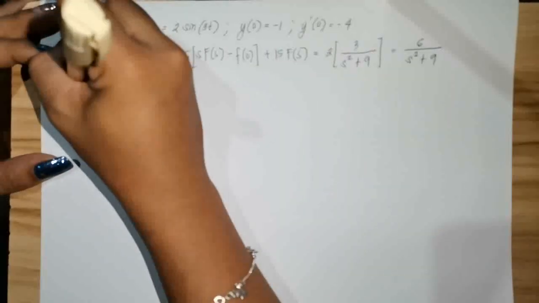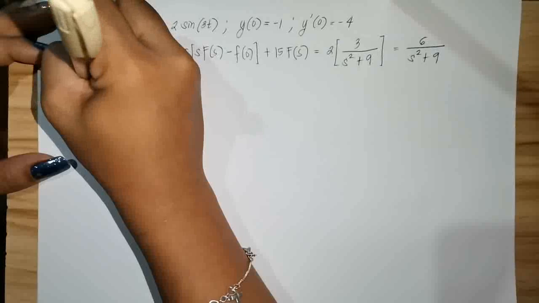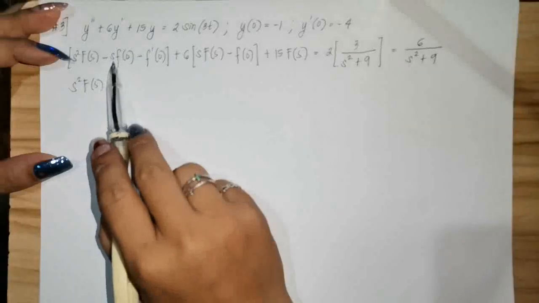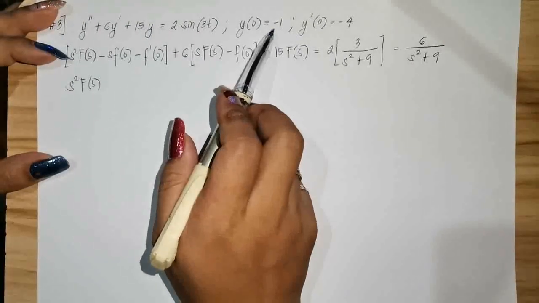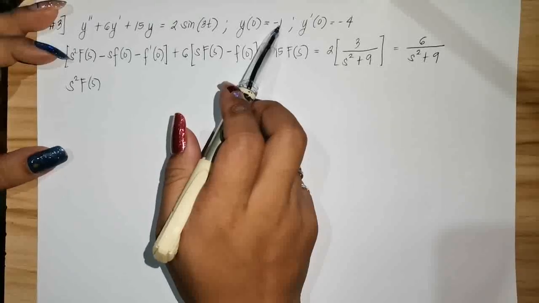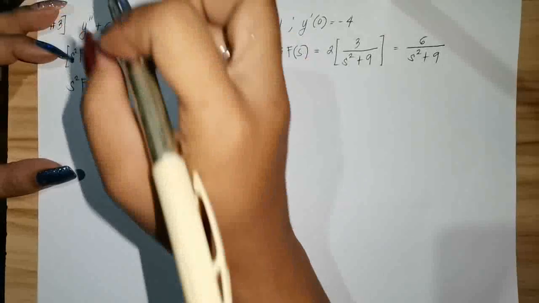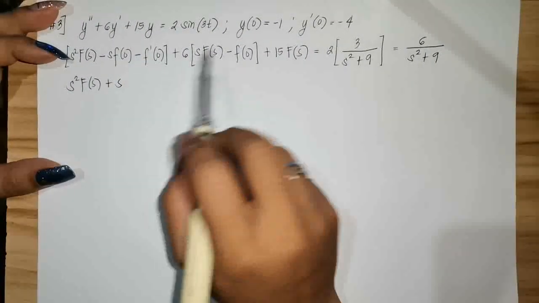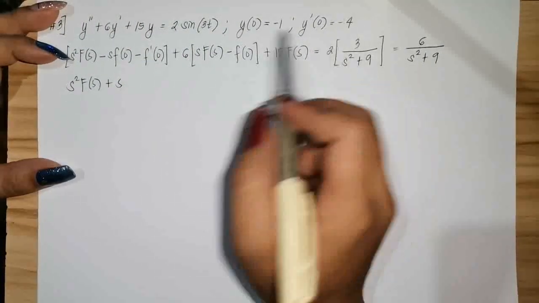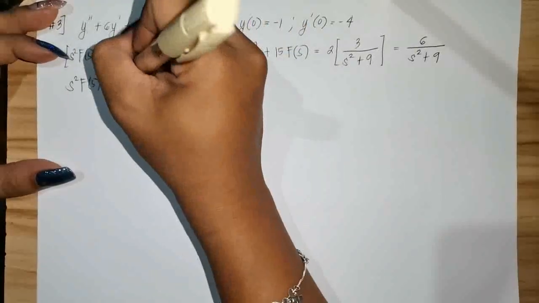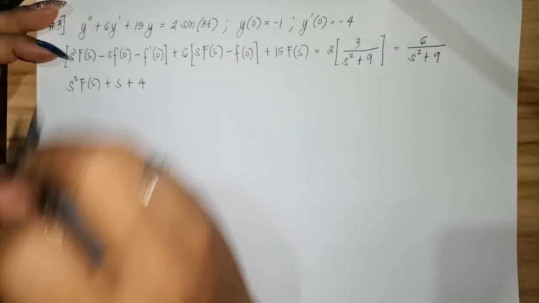So we will now have s squared, then f of s, then s multiplied by the f of 0, which is negative 1. So that's negative 1 multiplied by negative s, that is positive s, then minus f prime of 0, that is negative 4 multiplied by negative, that is positive 4.